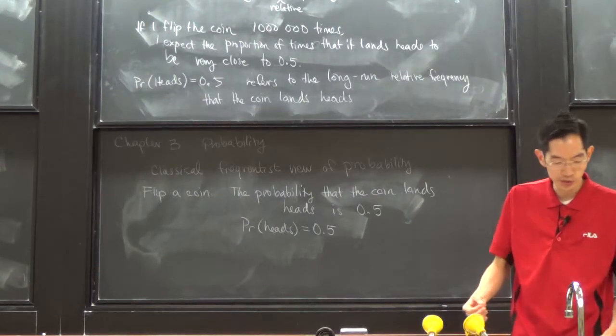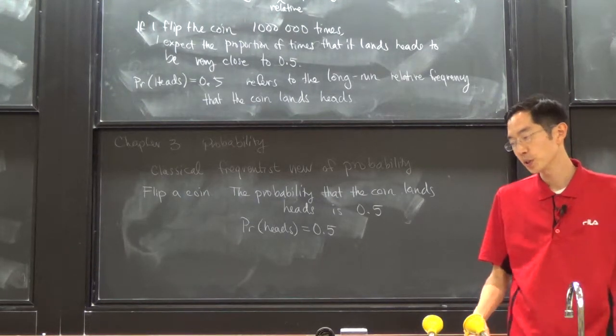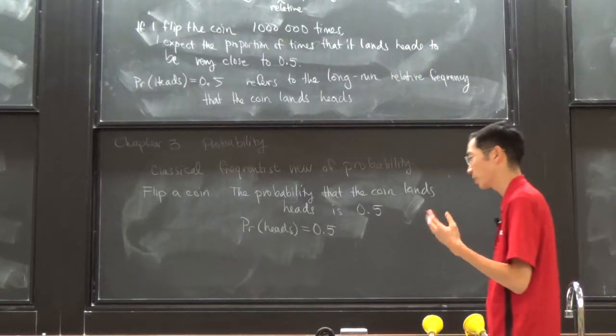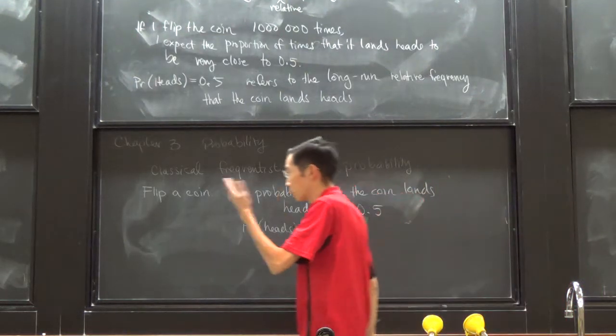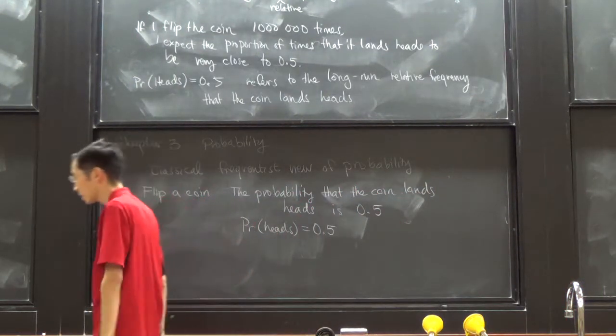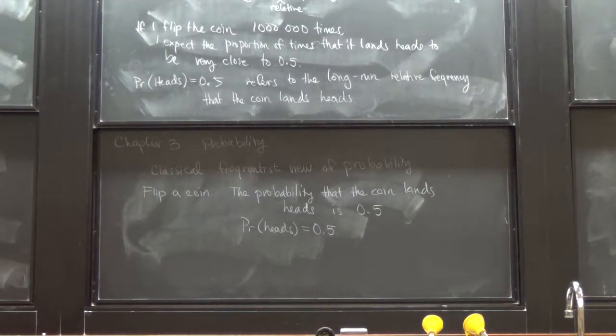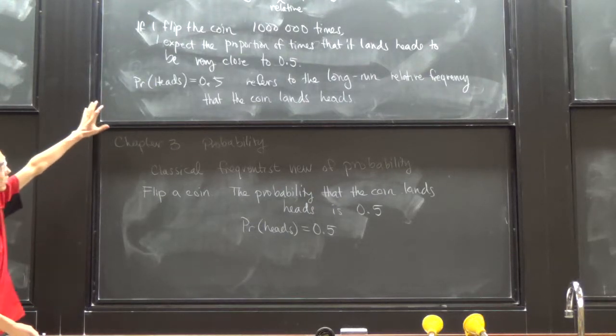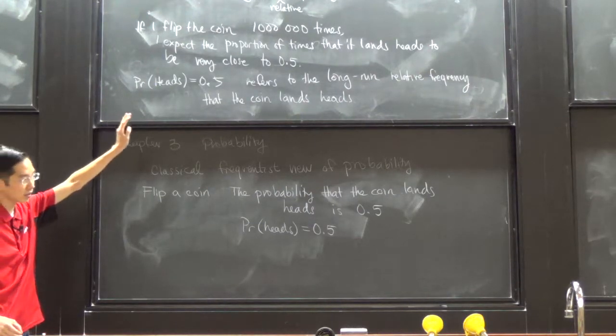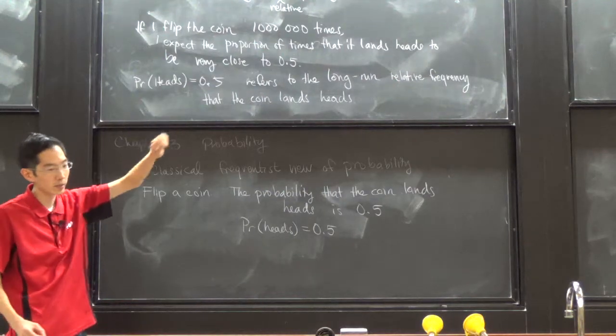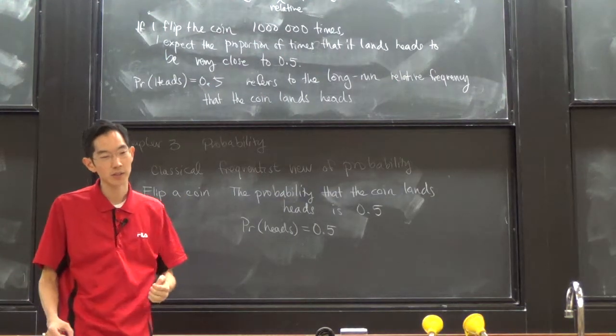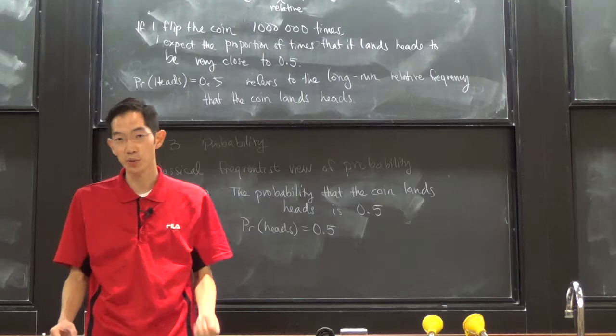There are other viewpoints. In particular, there's the Bayesian view, which talks about a measure of belief, but that's not the approach we're taking. The implications of this are that this understanding is easy to understand when we're talking about events that are repeatable, such as a coin flip.